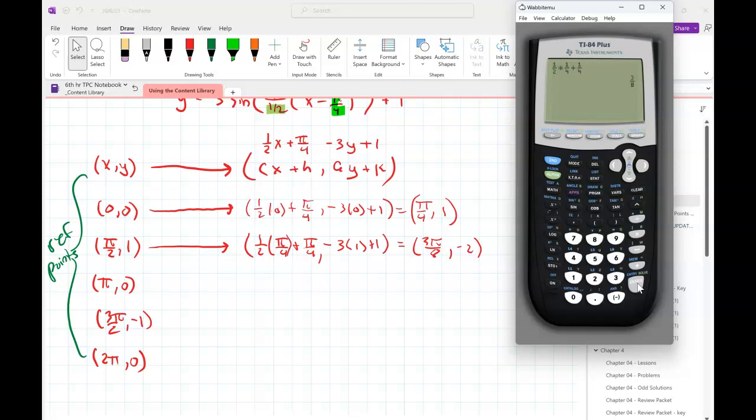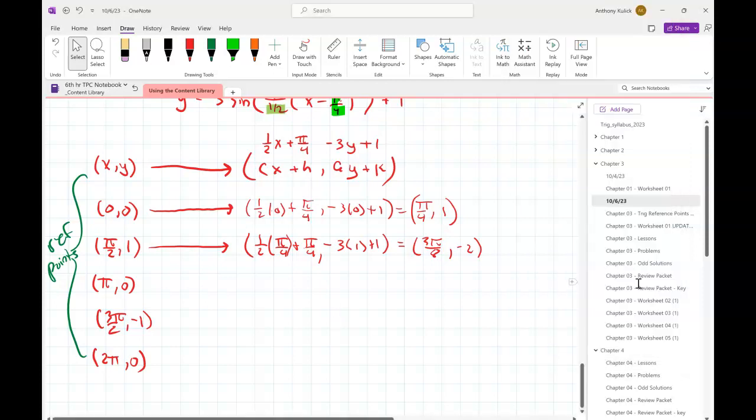I have 3/8 and I just tack the pi back on. If you feel less than confident about your fraction arithmetic skills, use your calculator, right? Just take the pi's off and the calculator can handle the addition, subtraction, and multiplication of fractions, and then you just have to remember to put the pi back on when you're done. Everybody's okay?